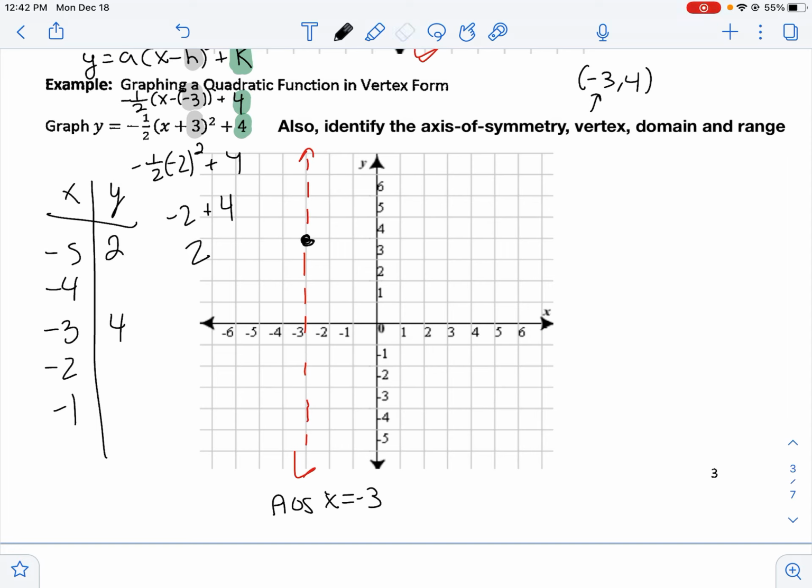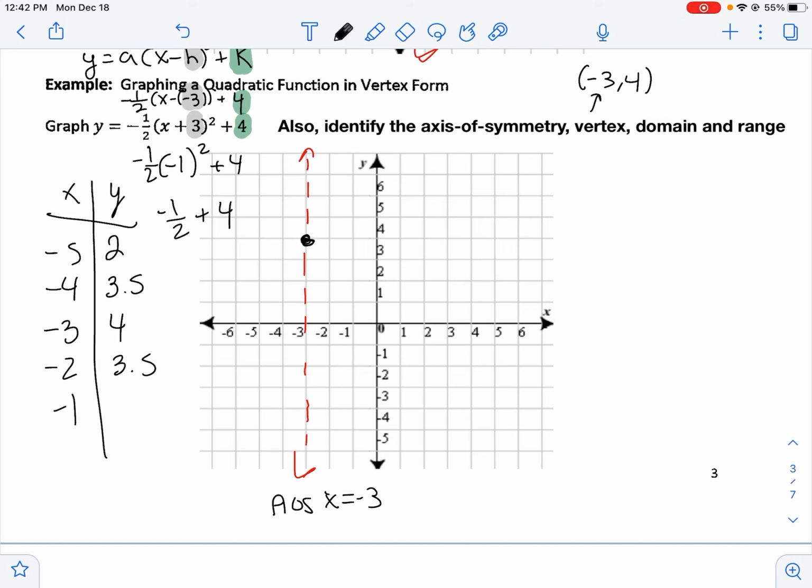Now, if I plug in a negative 4 right here, you get negative 4 plus 3 gives you negative 1 squared, and then you have to multiply it by negative 1/2 plus 4. Negative 1 squared is 1 times negative 1/2 is negative 1/2 plus 4 is 3.5, or 7/2. So I'll just put 3.5 because I know you guys are going to like that better.